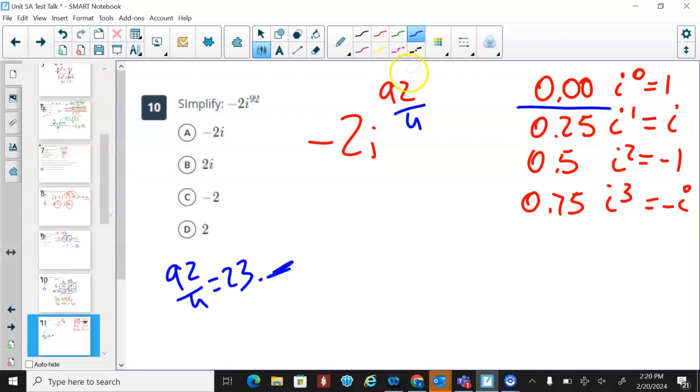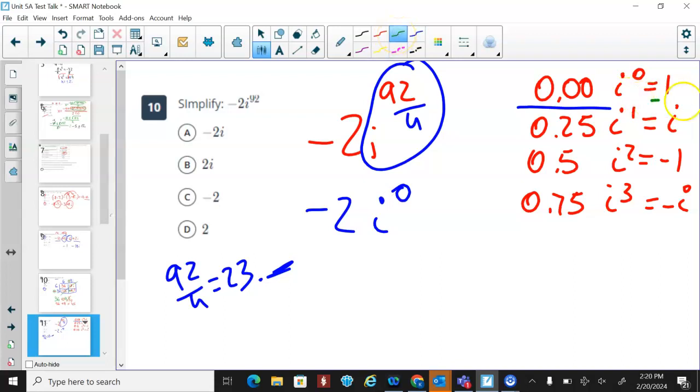So I am taking this i to the 92 now, and I'm replacing it simply with i to the 0. You are taking the bigger exponent and making it smaller to something that you know the value of and you can solve, okay? Now, I know i to the 0 is 1, so I can replace this i by a number 1.